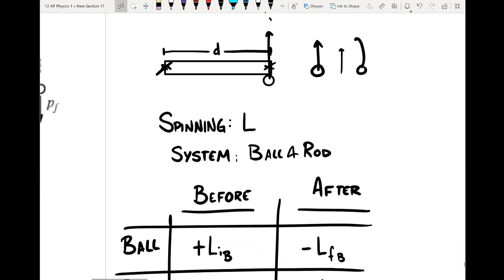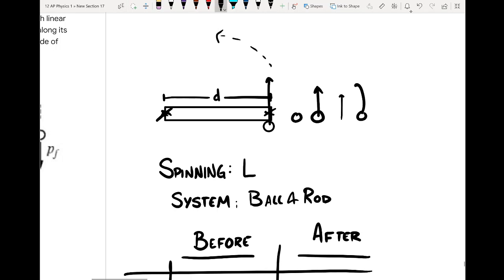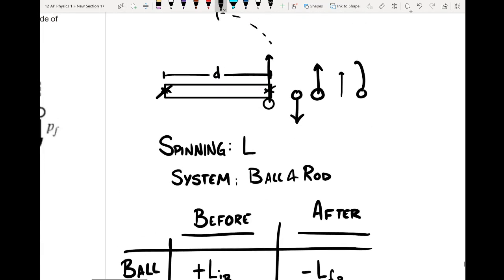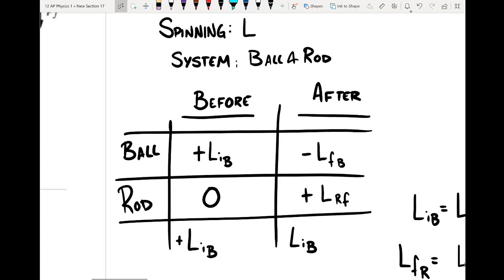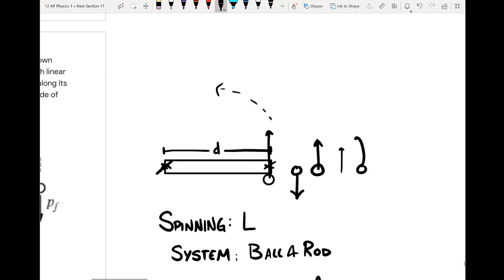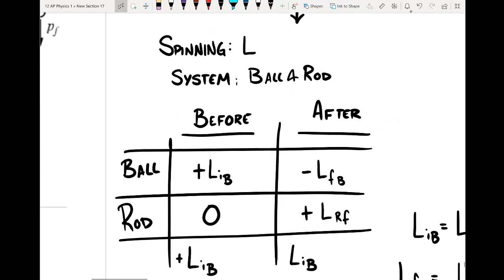And then afterwards, same kind of thing. For this time, the ball is going downwards, so technically it has this clockwise angular momentum, a negative L final for the ball. And the rod started spinning in the counterclockwise direction, so it has positive angular momentum.